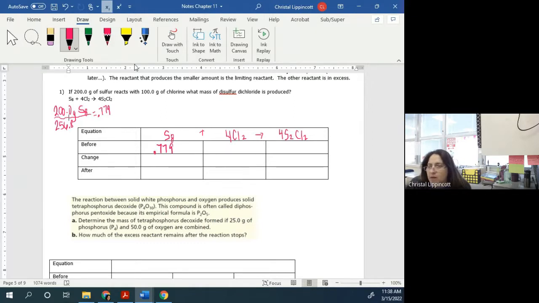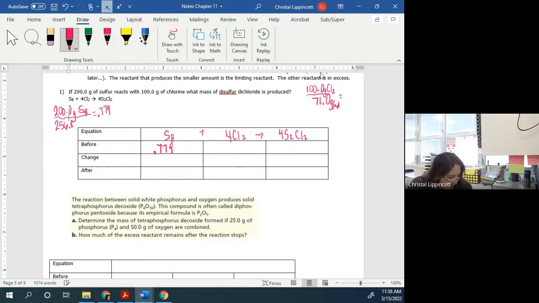Then I'm going to do the same thing for chlorine. So my chlorine is 100 grams. I need to divide it by the molar mass of 2 chlorine. So it's 35.5 times 2.